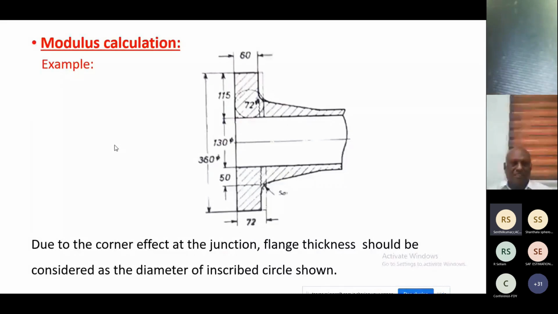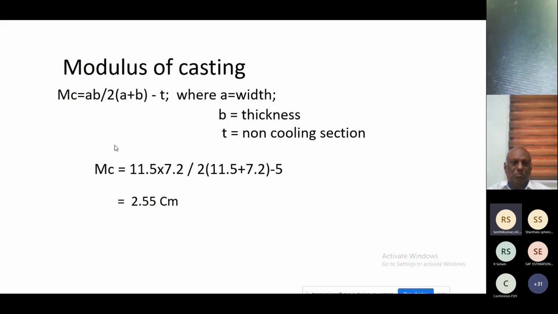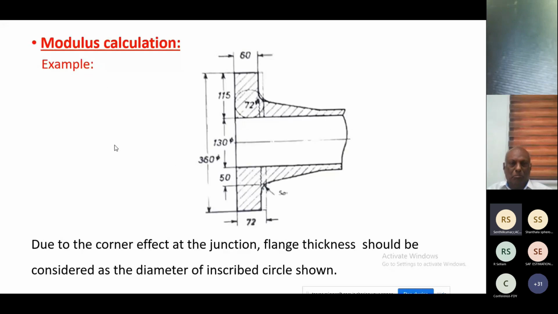Modulus of the casting. The bush which I have shown in the table is the model of the casting. MC is equal to AB divided by 2 into (A plus B) minus T. T we are taking because here it is 50. This is a non-cooling surface.